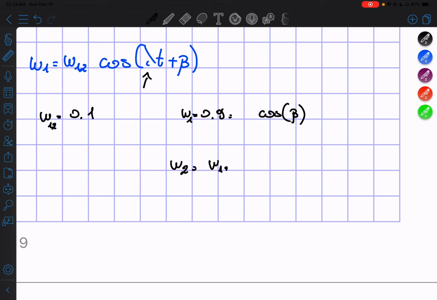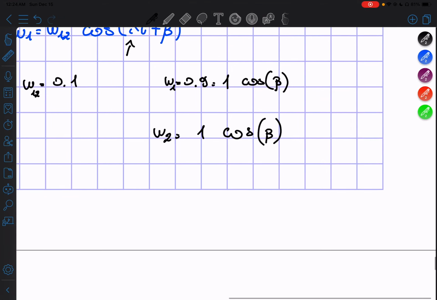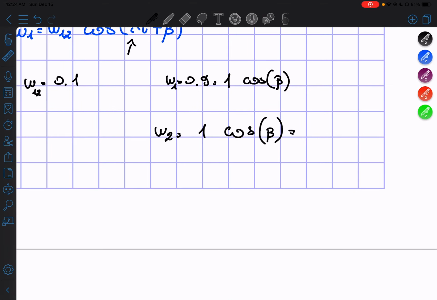So omega 1 2 times cosine of beta. Omega 1 2 is 1, then never mind. And then here we have to have 0.05. I feel like omega 1 2 should be 0.1. Anyhow, it should be 0.05, but it ends up being 0.5. Yeah, omega 1 2 is 0.1.